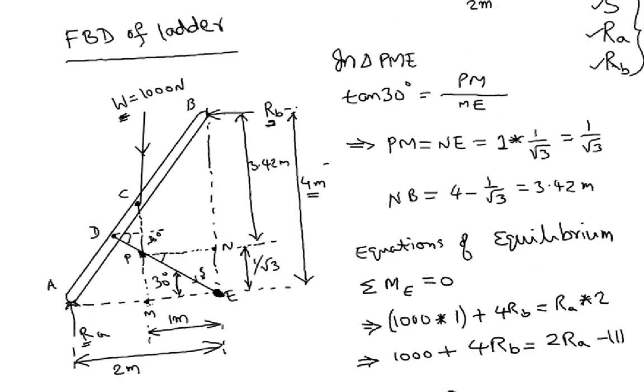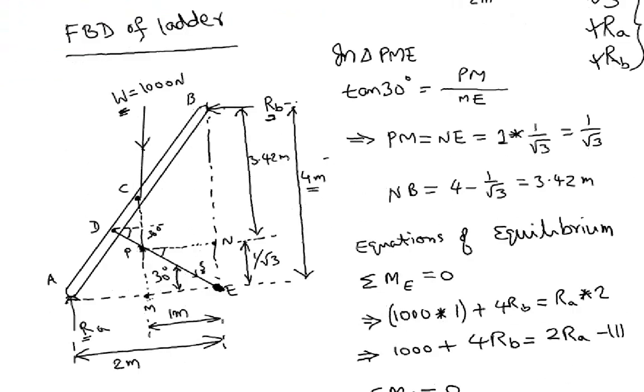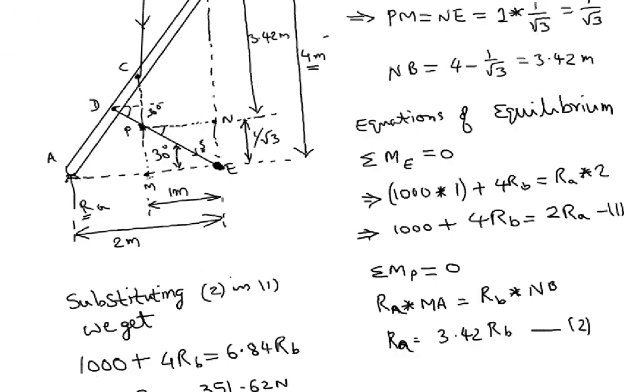So we found two of the unknowns, RA and RB, by using two equations of equilibrium.